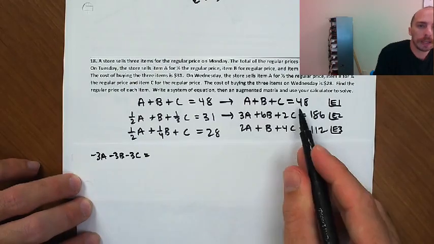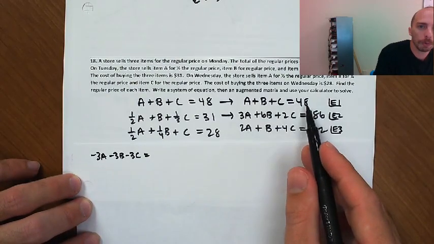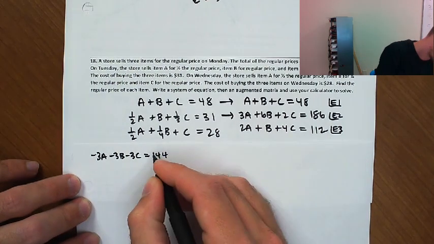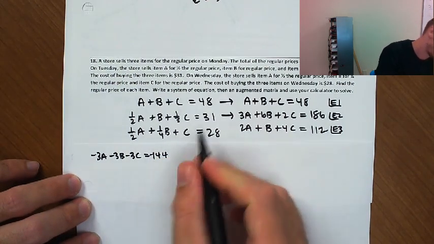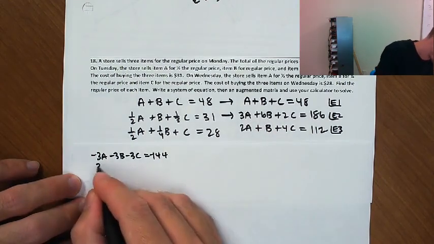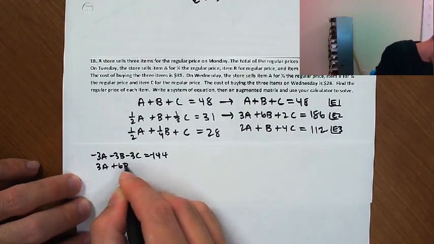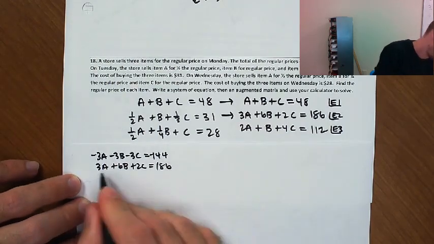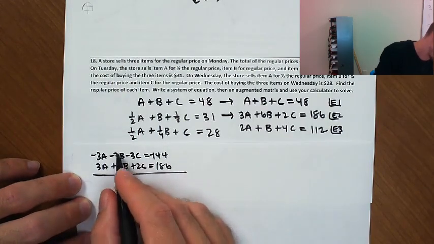48 times 3 is 120, and 24 more is going to be 144. Except that's going to need to be negative because it was -3 times everything. Then 3a plus 6b plus 2c equals 186. Yes, these numbers aren't going to be so bad.